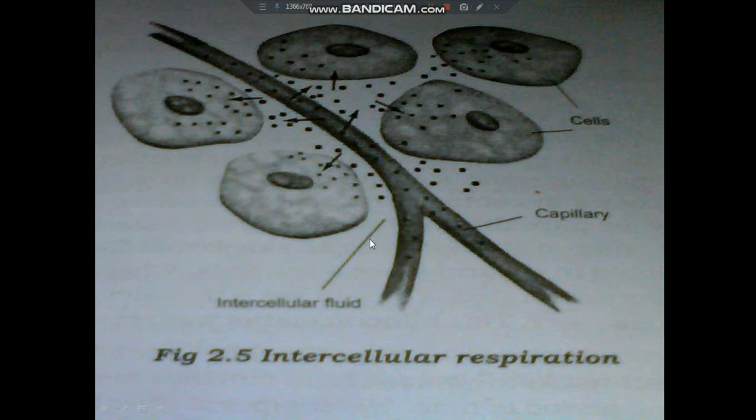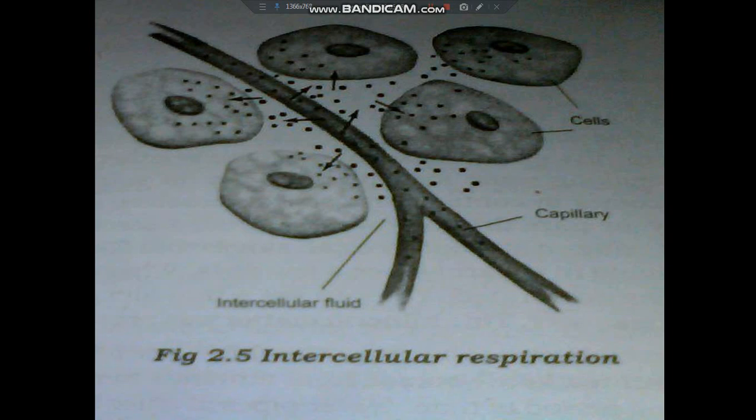Okay, from this fluid, then the oxygen passes into the cells. From the capillaries it passes to the intercellular fluid, and from the intercellular fluid it passes into the cells. Now in the cells, the oxygen starts reacting with the nutrients that we get from the food.